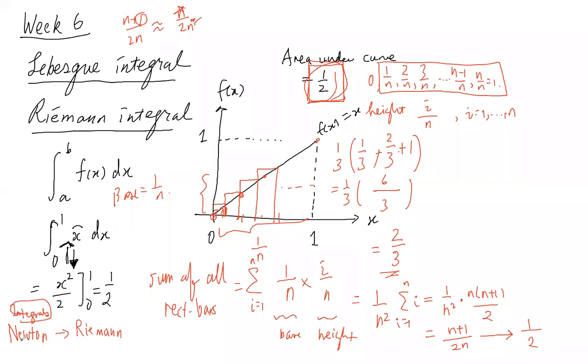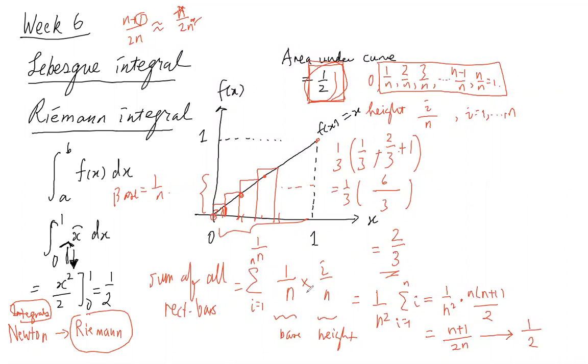The contribution of Newton is mainly to develop the mechanical aspect of performing the integration, but to understand the behavior of the integral requires more theoretical development. Newton didn't quite develop that. So Riemann developed this theoretical aspect.